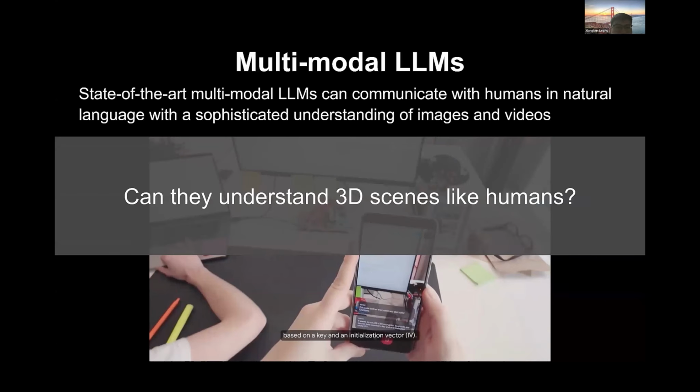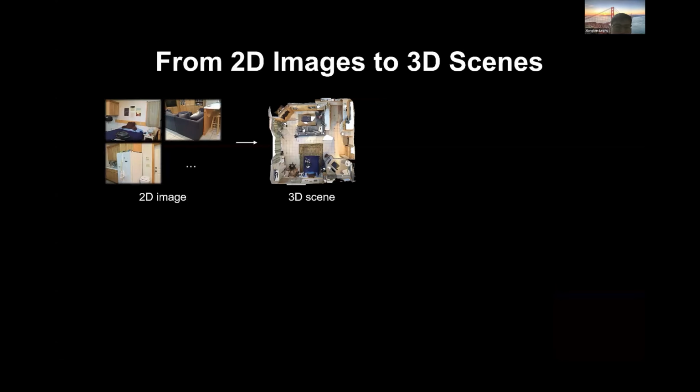However, can multimodal LLMs really understand 3D scenes like humans? Here I want to compare the difference between 2D images and 3D scenes.